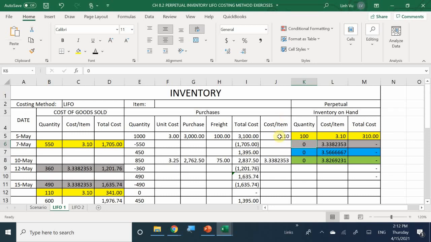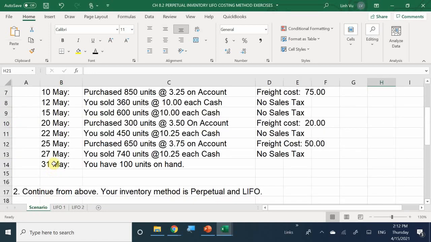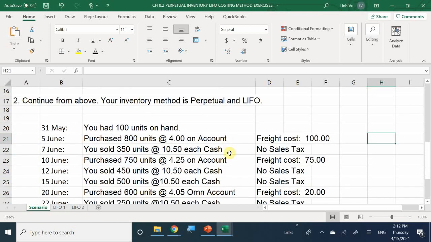All right. So, once again, we have 100 left at $3.10 each. Let's go ahead and see what question number 2 says. We're going to continue from the information above, and your inventory method is still perpetual and it's still LIFO. We're given that on May 31st you should have 100 units on hand as your beginning balance.